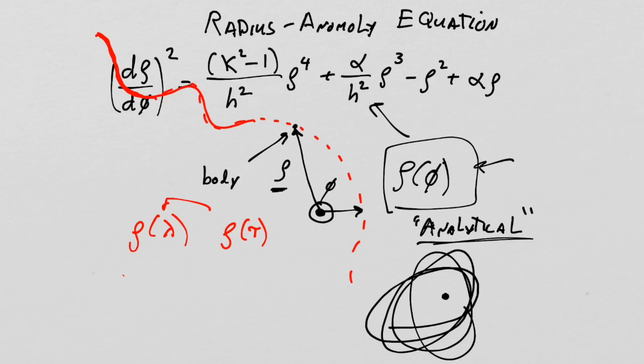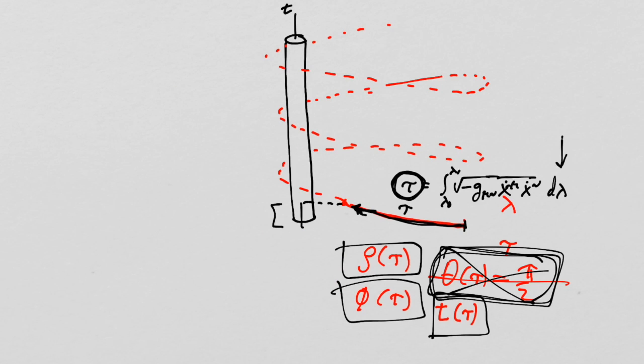But the problem is there's nothing in here about time, so we don't know how fast it's moving on this orbit. All we know is the shape of the orbit, because coordinate time doesn't show up here. Remember, it's an ordinary differential equation, so the independent variable is phi, the true anomaly, and the dependent variable is rho, the Schwarzschild radius. So we don't have any idea how fast it moves along this curve, unless we get this function, which tells us how quickly the coordinate time clock is changing relative to the proper time.